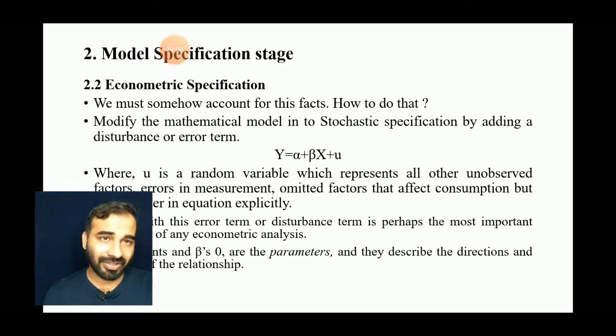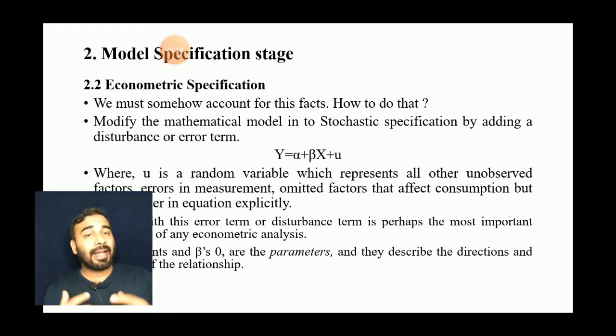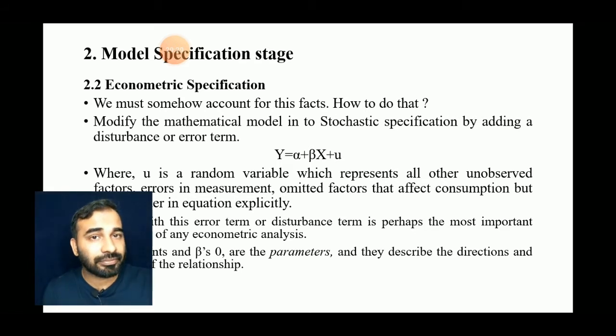Then what will this U capture? U is a random variable which represents all other omitted factors from the equation, errors in measurement of the variables, and other factors that affect our consumption, but we are not explicitly including in our equation. We have included only income.